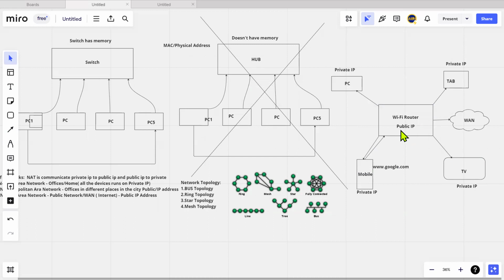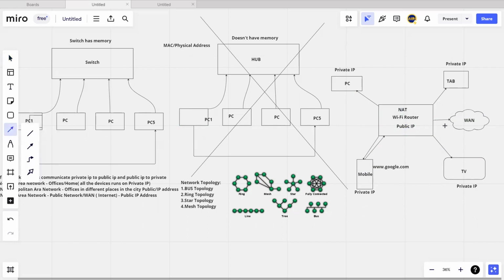The request came from a private IP address, and a private IP address cannot communicate with the public network. Hence, the Wi-Fi router runs NAT, network address translation. The request on the private IP address is converted to a public IP address, which takes the request to the public network and gets the response.